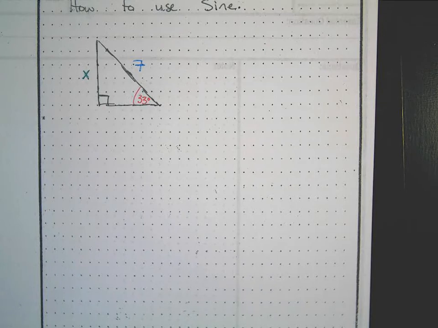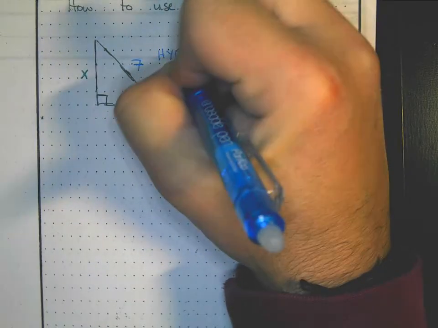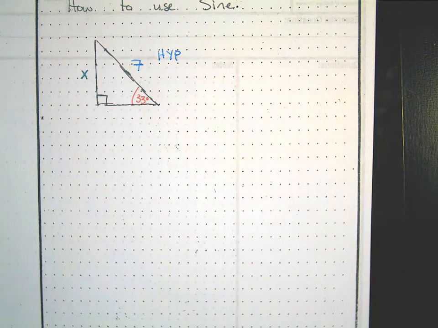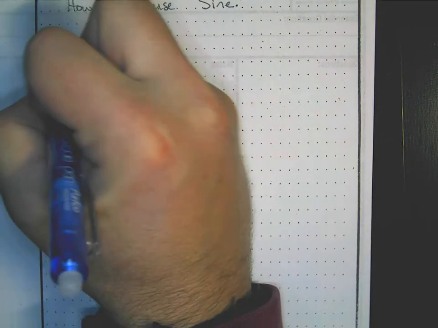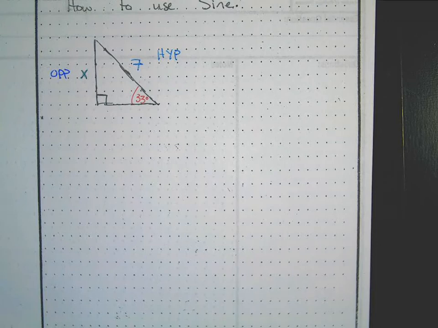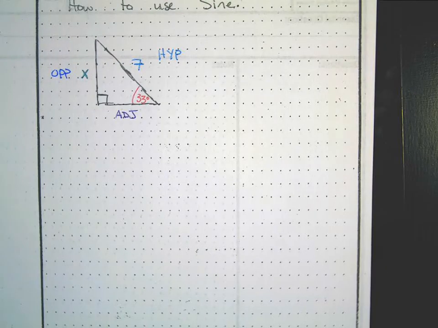First thing I want to do is label everything correctly. This is my hypotenuse. This is my opposite. And then this is my adjacent. Now sine lets us do this.